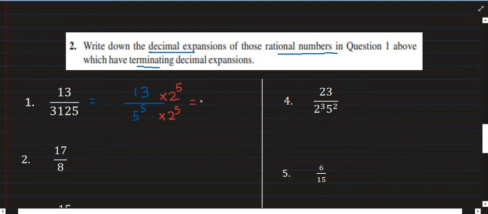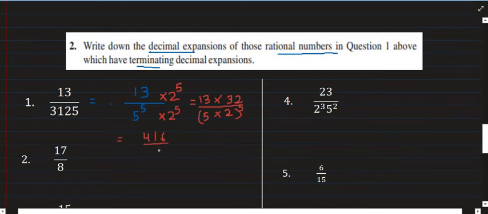So it will be 13 times 2 raised to the power 5, which is 32, and in the denominator we will get 5 times 2 raised to the power 5. When we simplify this, 13 times 32 is 416, and 5 times 2 is 10.